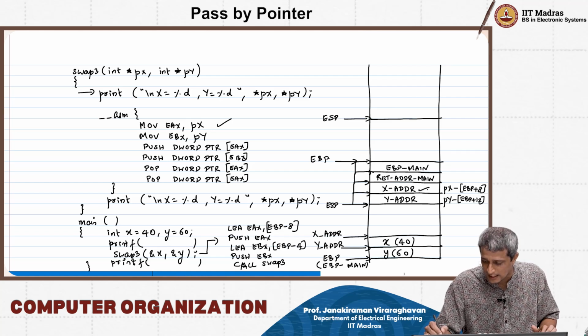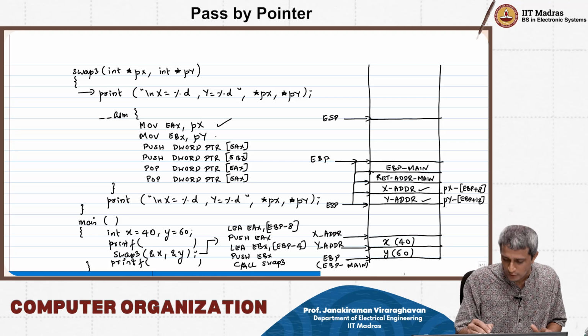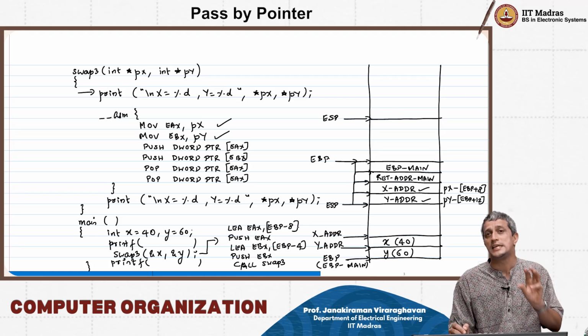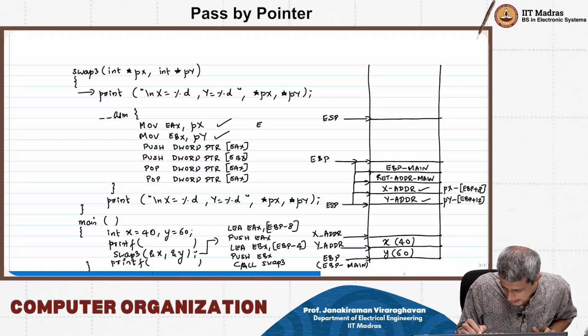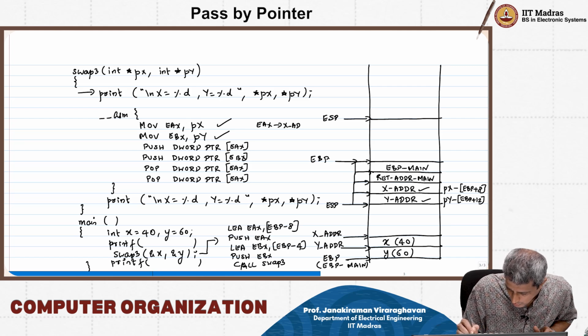That is this X address and Y address. So after these two instructions, EAX will have X address and EBX will have Y address.